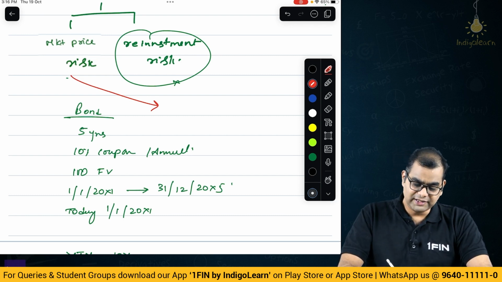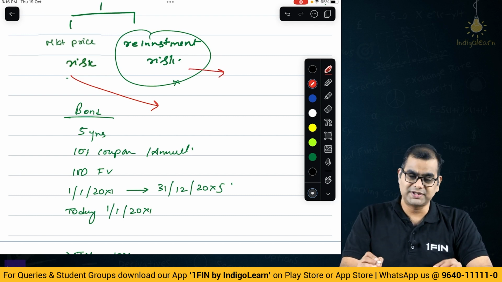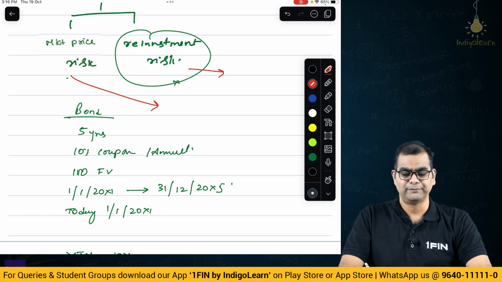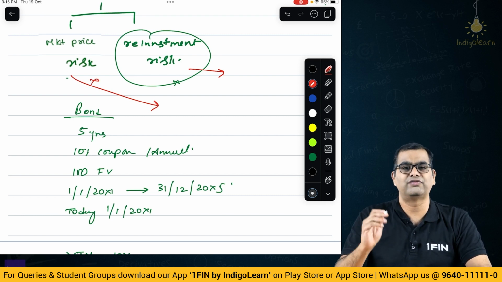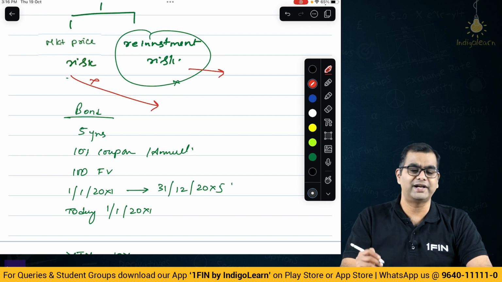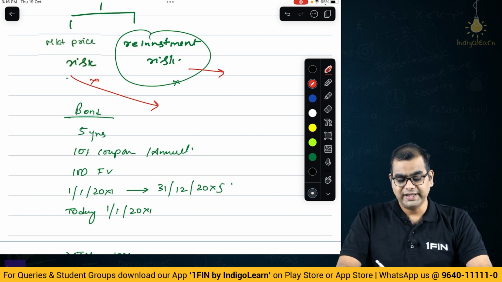This reinvestment risk, as well as this market price risk, exists for every kind of bond. However, there is a way in which you can avoid these two risks.